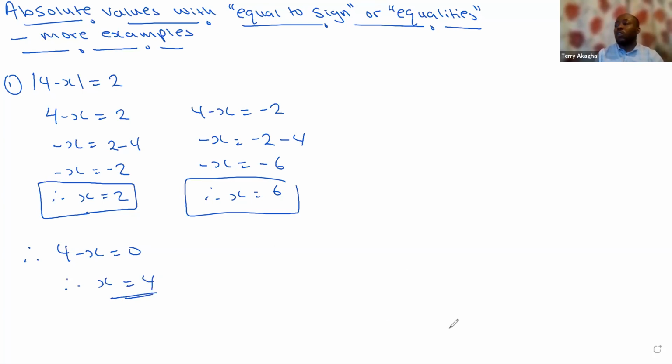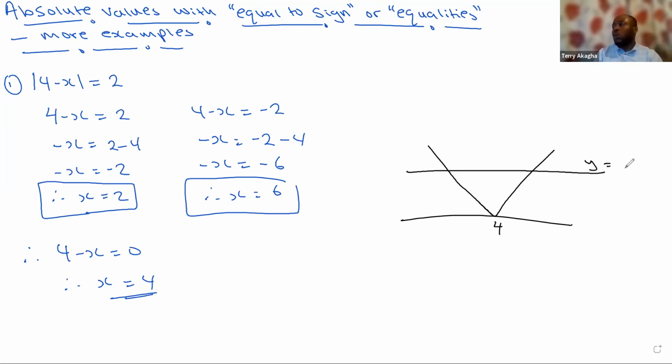So that means when you draw the graph, we're expecting the graph should look like this. So it's going to be at when x is equal to what? 4. So, and when y is 2, it's going to meet here at 6. And it's going to meet here at what? 2.